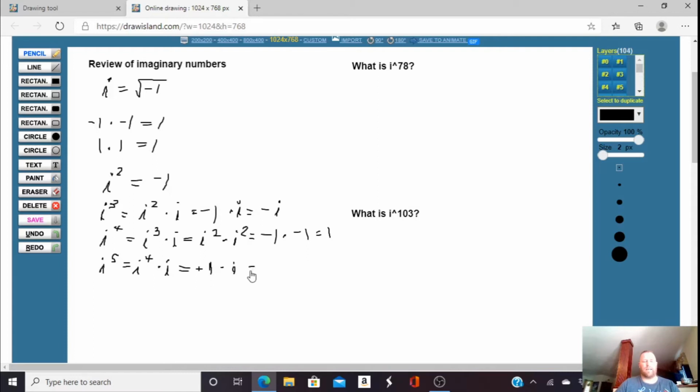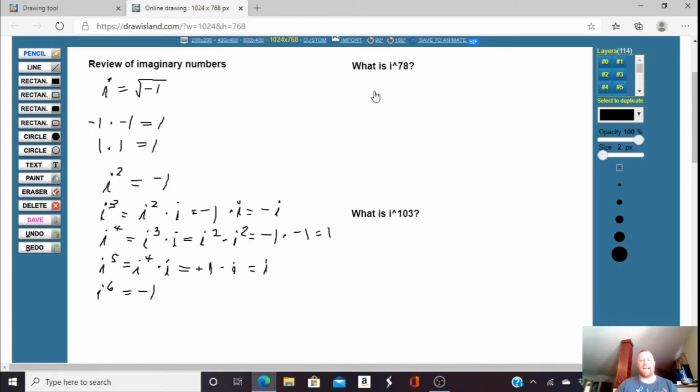So that's just i. So i to the fifth starts to repeat the pattern again, and then you'll see that i to the sixth will equal -1, and so forth. And we can use that pattern to figure out i to higher powers.